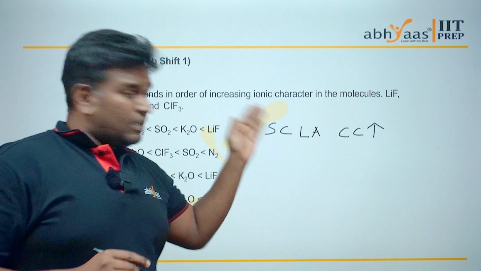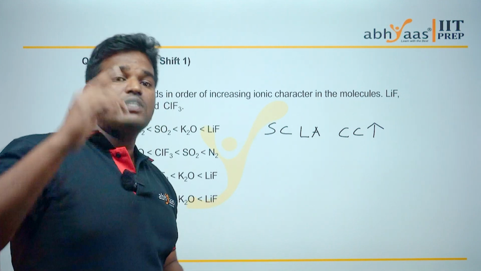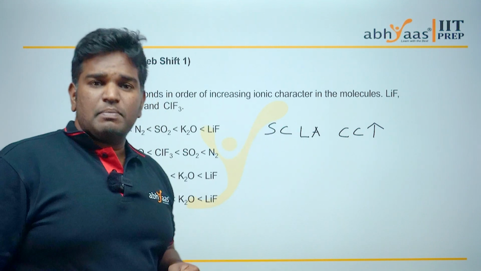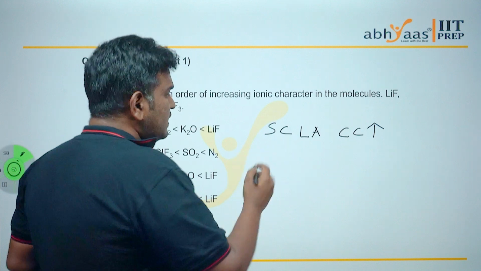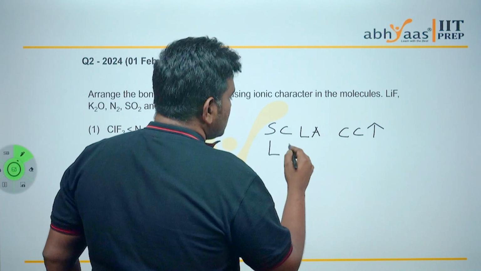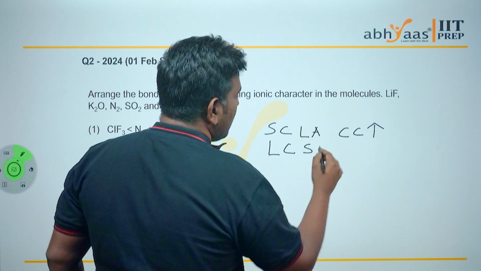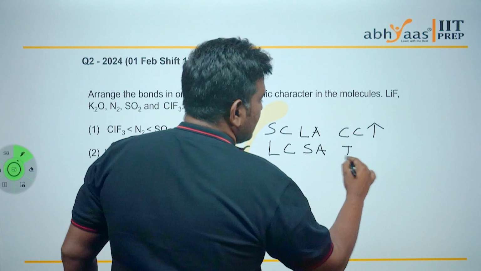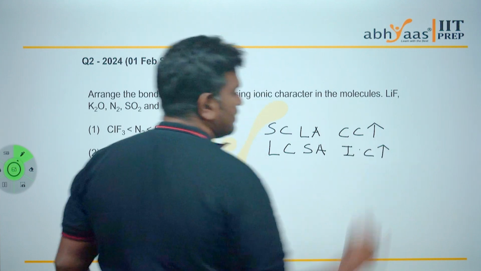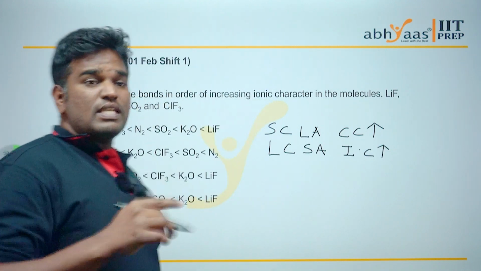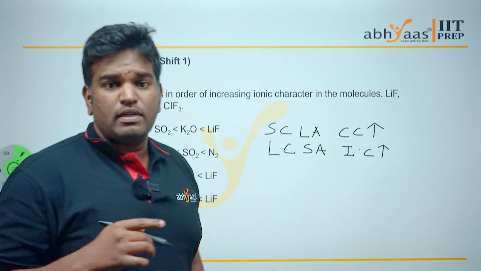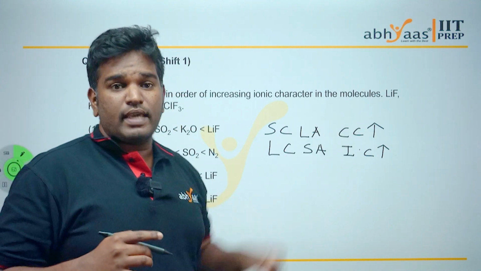I'm saying that if it is a small cation and a large anion, the covalent character will be higher. Now, if it is a large cation and small anion, we can say that ionic character will be higher. So we have to see which is the larger cation and smaller anion to find the larger ionic character.